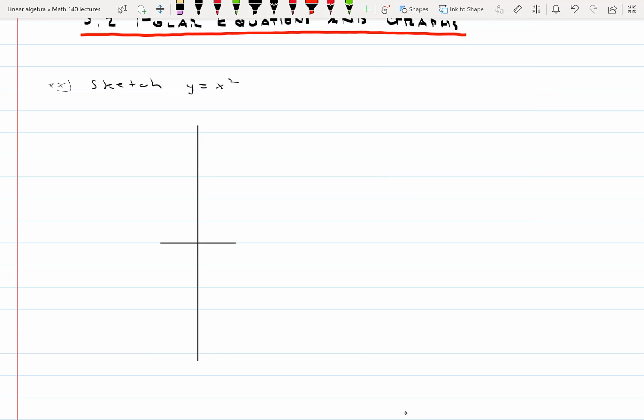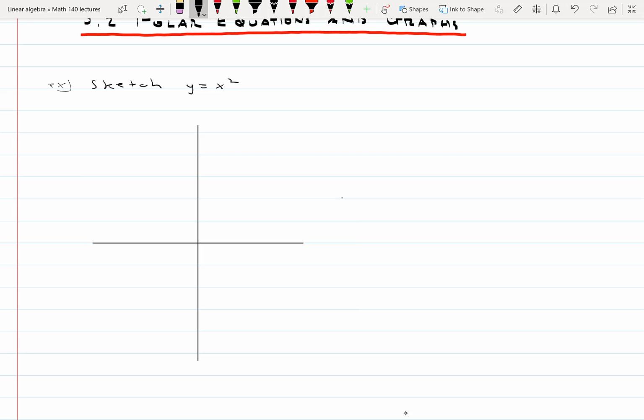The first way you probably learned how to graph was to construct a small chart of ordered pairs, and then plot those ordered pairs and connect the dots. It's not the method we use in calculus and more generally in the sciences, but it gives you an idea of how graphs are formed.